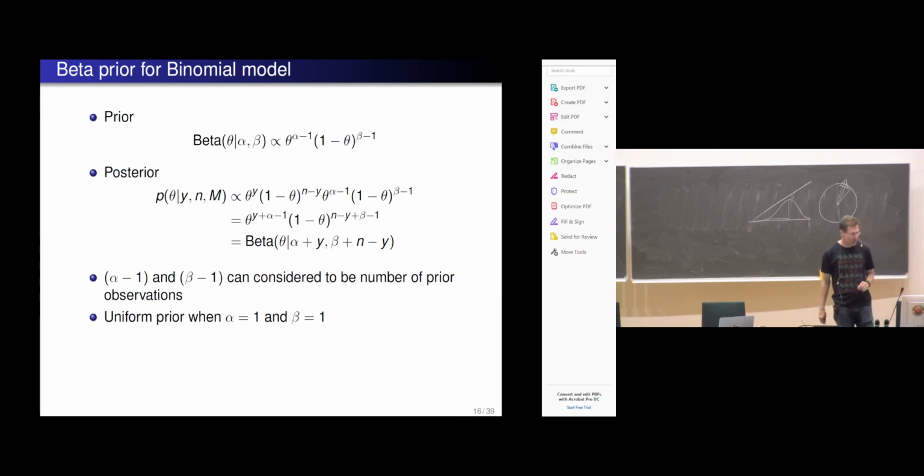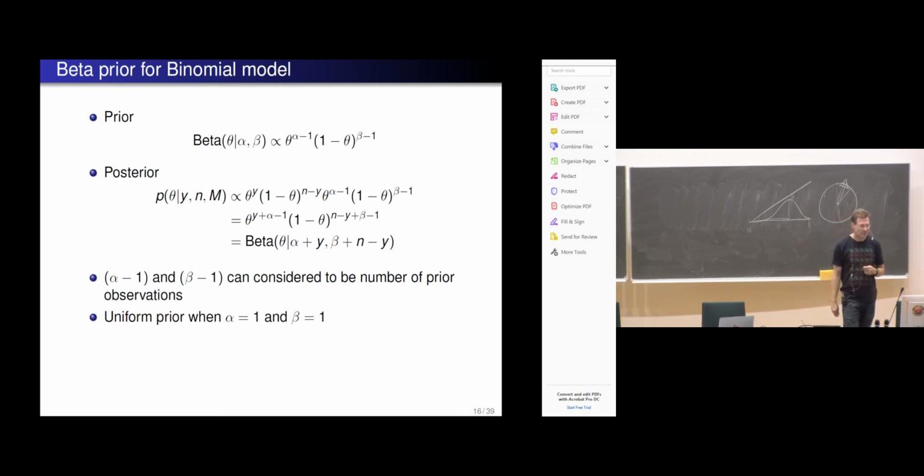And we can now consider this alpha minus 1 as a number of prior observations. So this is also part of the chain rule thing that in Bayesian inference, when we get posterior, that posterior can be used as a prior for the next thing.